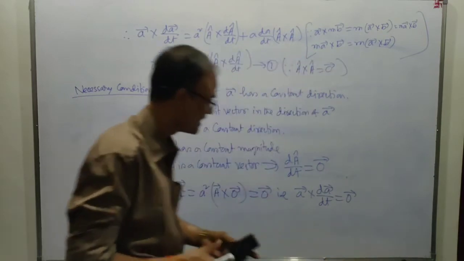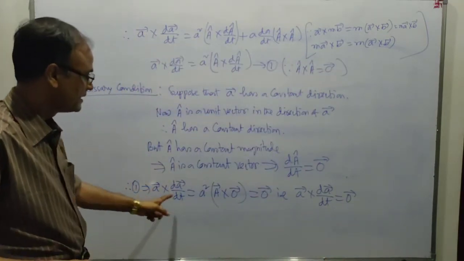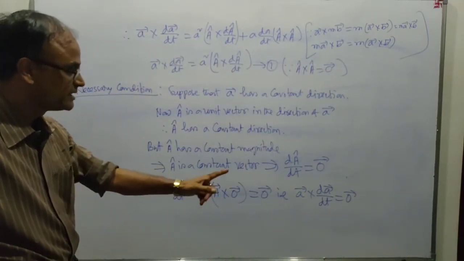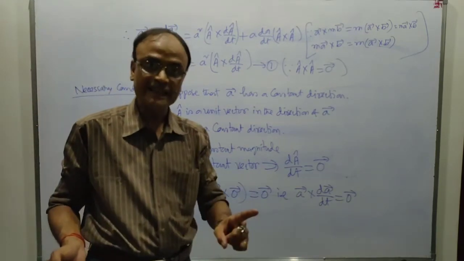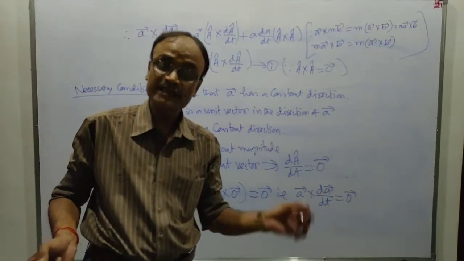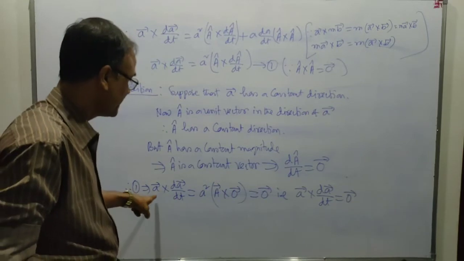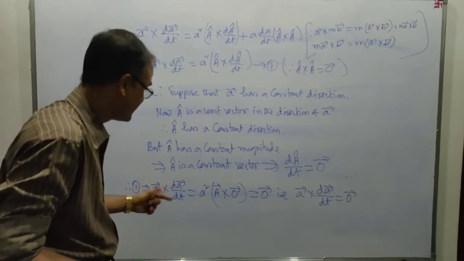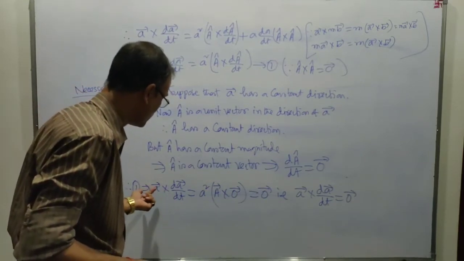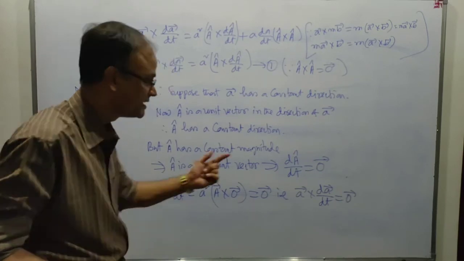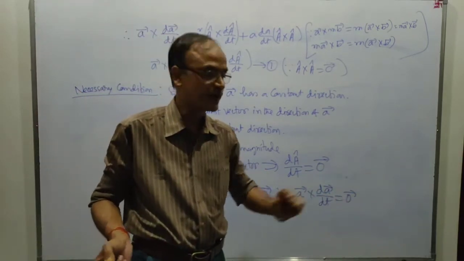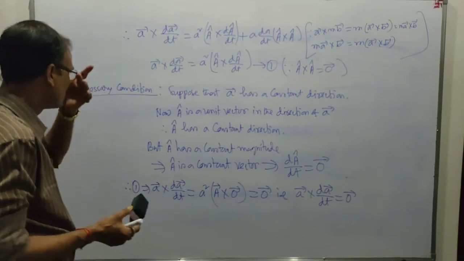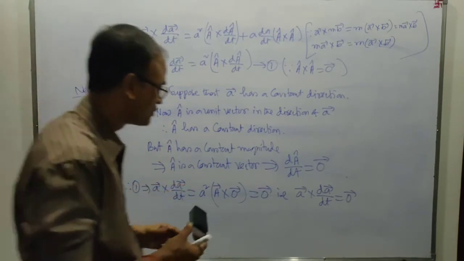Therefore, the condition is necessary: A vector cross dA vector by dt equal to 0, provided A vector has a constant direction. If A vector has a constant direction, then the cross product of A vector and dA vector by dt should be equal to a 0 vector. Now, the necessary condition has been proved.